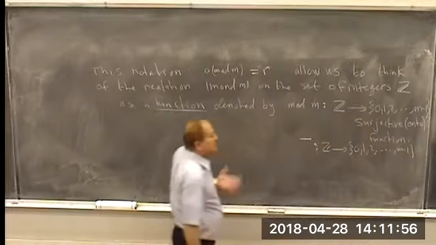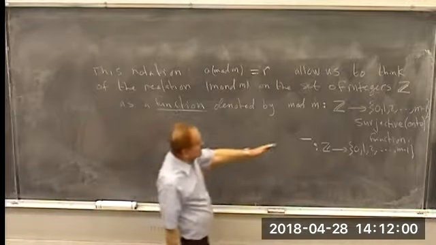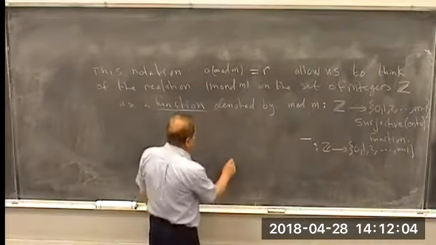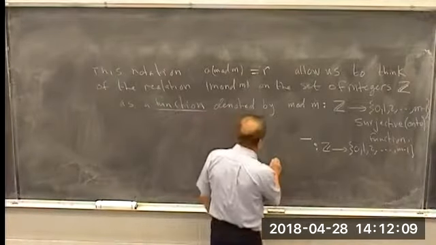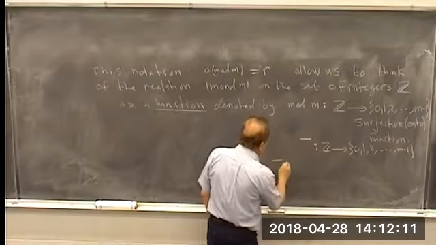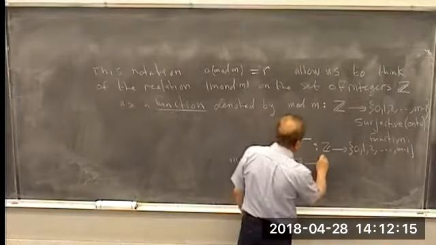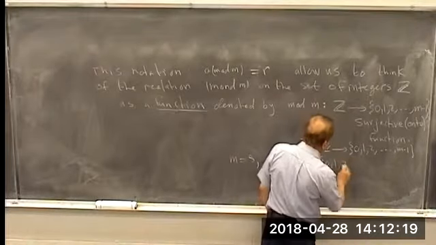Those of you who have taken courses in abstract algebra probably use this one or the bracket. For example, if we take M equal to 5, then this function takes Z into 0, 1, 2, 3, 4.